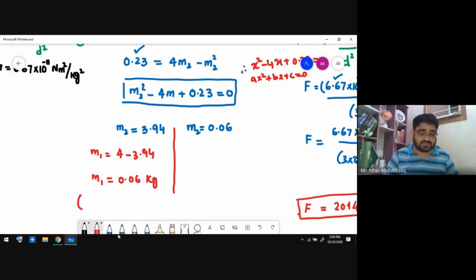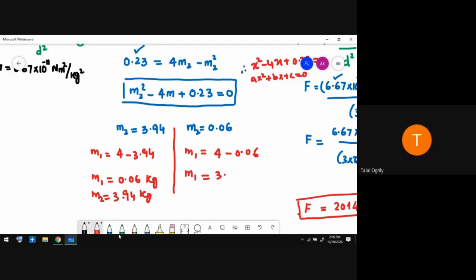So your answer is M1 is 0.06 kg and M2 is 3.94 kg. Or the other way is the opposite: M1 is equal to 4 minus 0.06, so M1 will be 3.94.